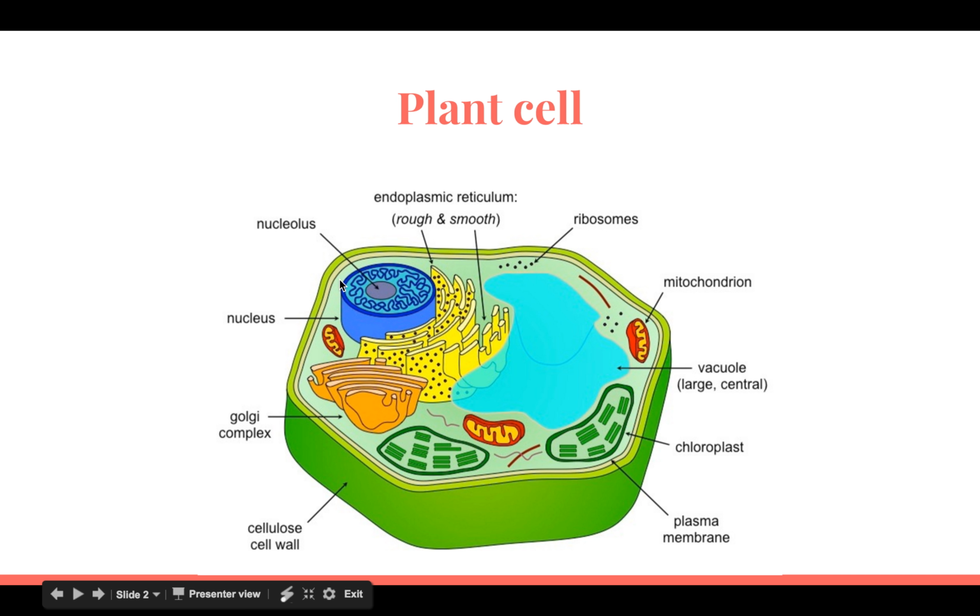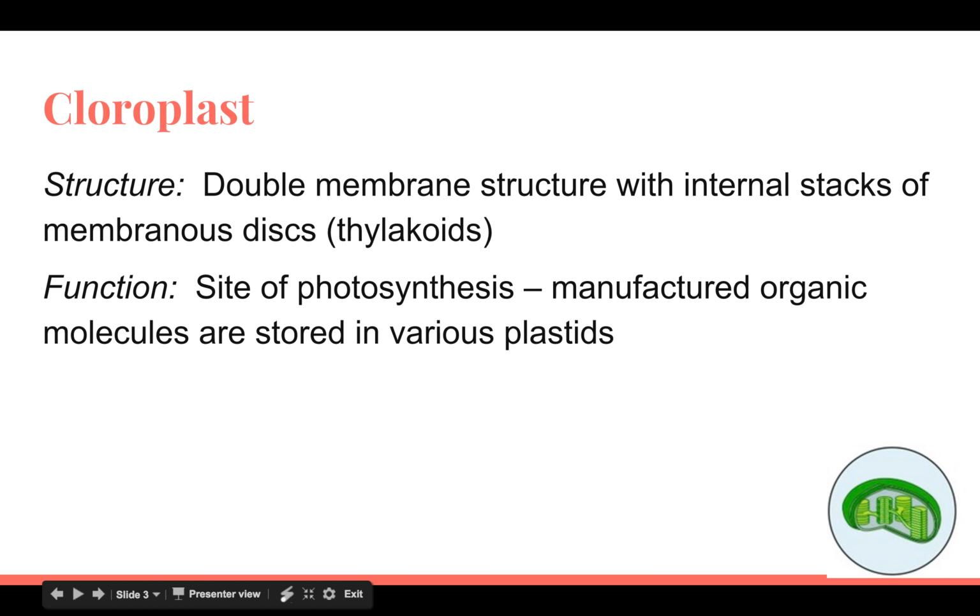There's a nucleolus, a nucleus, Golgi complex, a plasma membrane, a mitochondrion, and all those that I mentioned are in eukaryotic cells. The only things that are different are the chloroplast, the cell wall that's made out of cellulose, and the large vacuole. So let's get right into it.